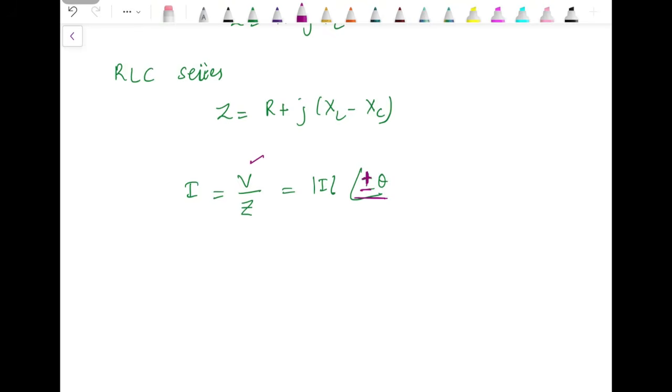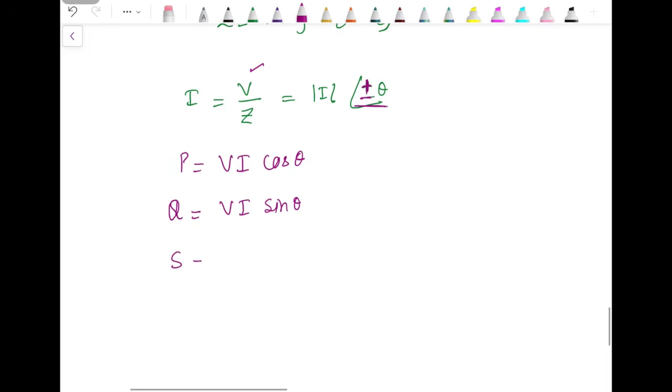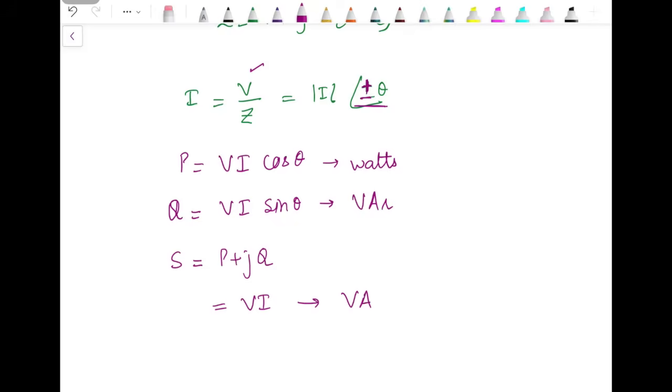Also, in case of series circuits, we know that active power is given as VI cos theta. Reactive power, denoted by Q, is given as VI sin theta. Apparent power, also known as complex power, P plus JQ, is actually V into I. Active power has units of watts, reactive power has units of volt ampere reactive, while apparent power has units of volt amperes.